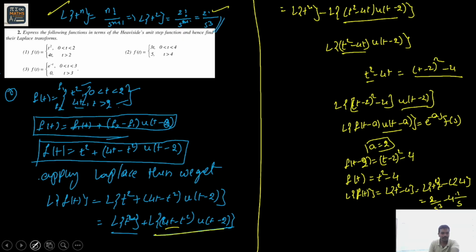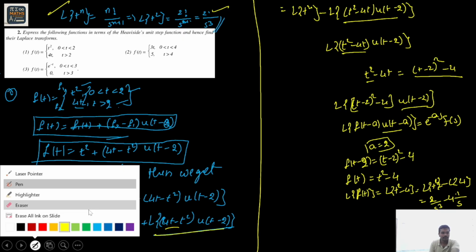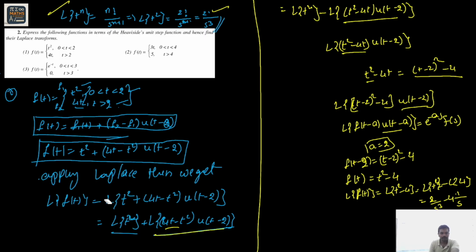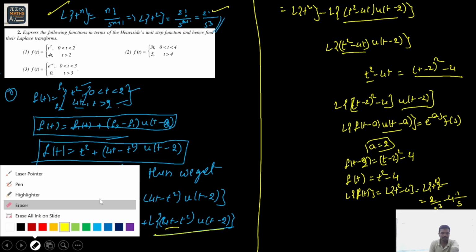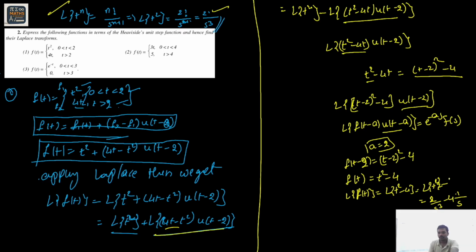Writing 4 as a constant common factor, 4 into Laplace of 1 is 4 by s. This is the f of s value. By using this form, the value is e power minus as into f of s.